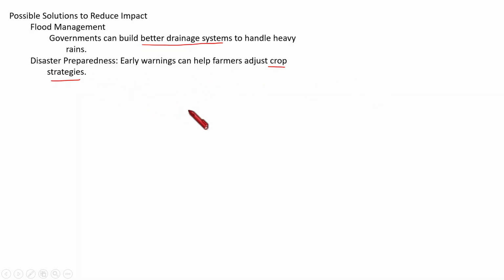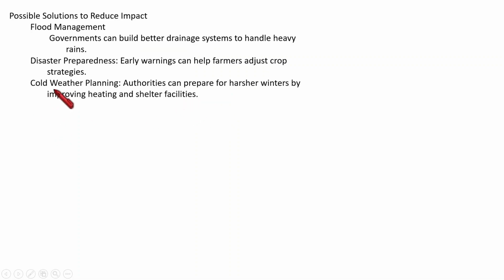Then cold weather planning. Authorities can prepare for the upcoming harsher winters. How can we tackle that? By improving heating and shelter facilities. In all these ways we can manage, mitigate, and reduce the impact of La Nina.